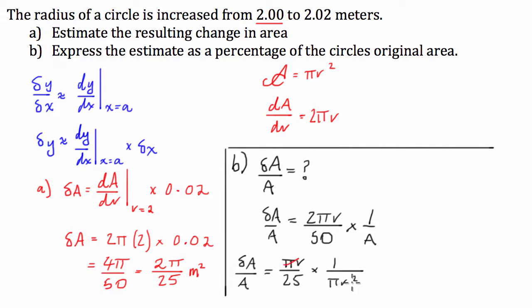The pi's can cancel out, and this r will cancel with one of the squareds, and the percentage change, delta A divided by A, is going to equal 1 over 25r.